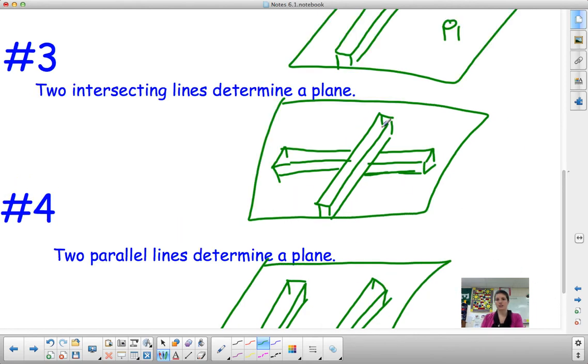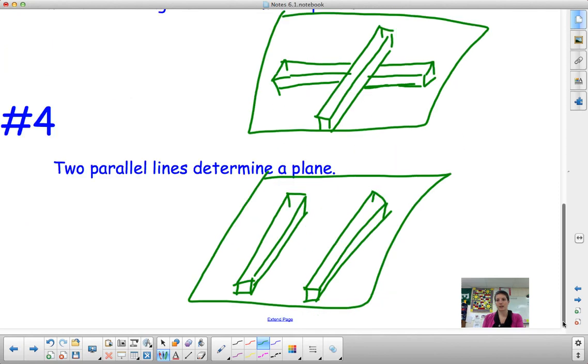Just the fact that those 2 lines cross means that they determine a plane. The plane may not always be in our picture, but they do in fact determine a plane. 2 parallel lines determine a plane. So 2 lines side by side determine a plane.